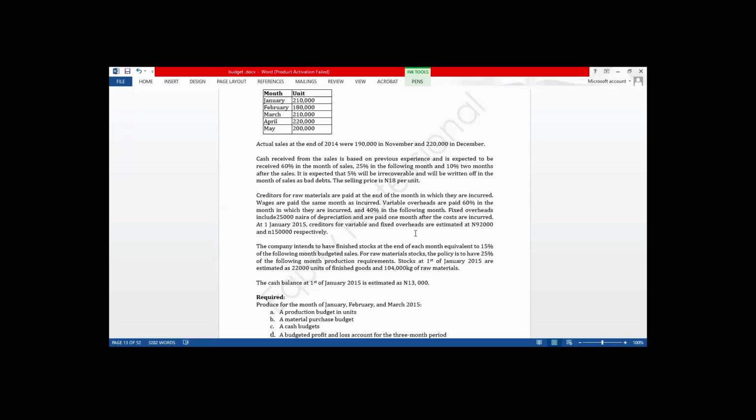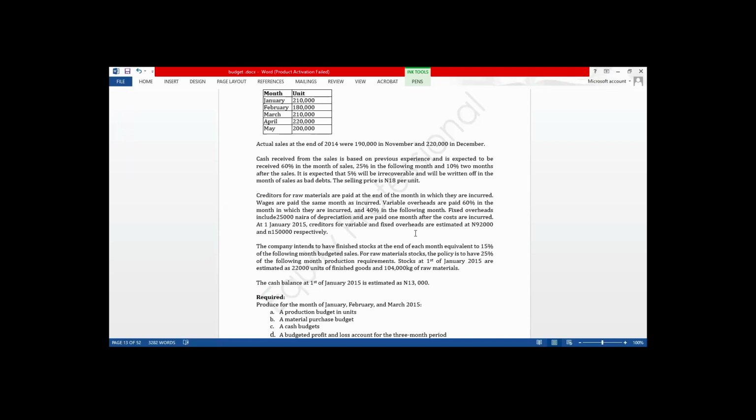At 1st January 2015, creditors for variable and fixed overhead are estimated at 92,000 naira and 150,000 naira respectively. Next, the company intends to have finished goods at the end of each month equivalent to 15% of the following month's budgeted sales.